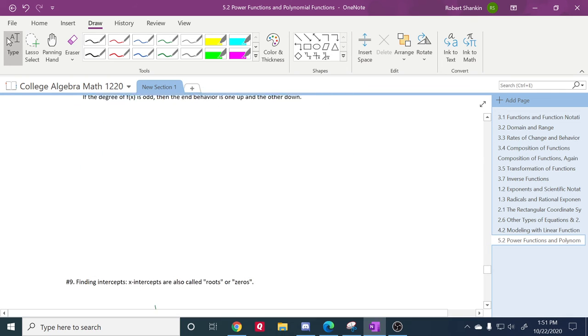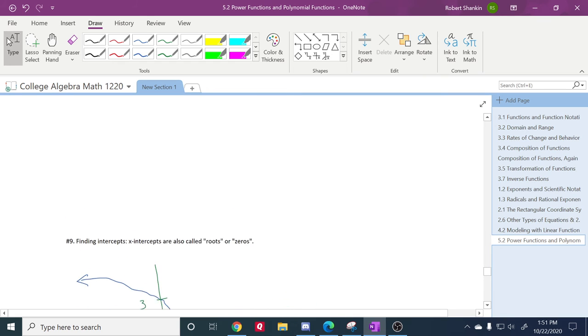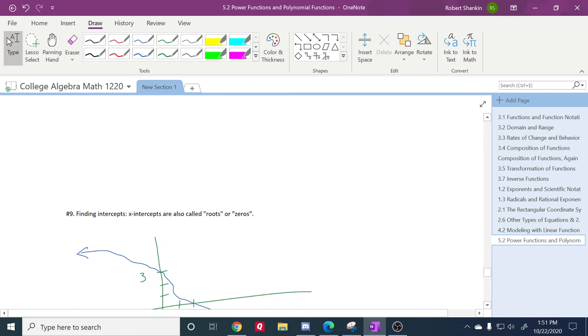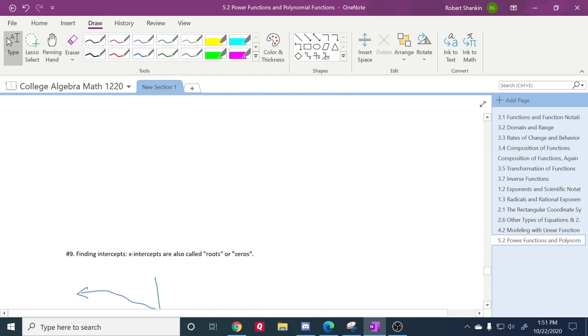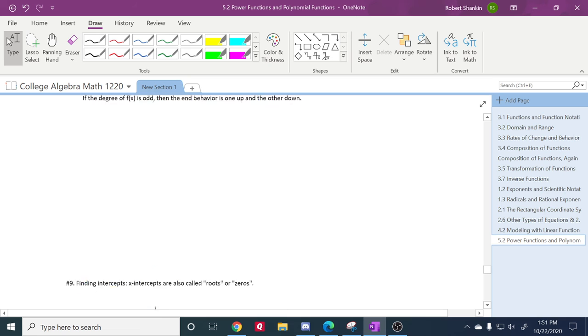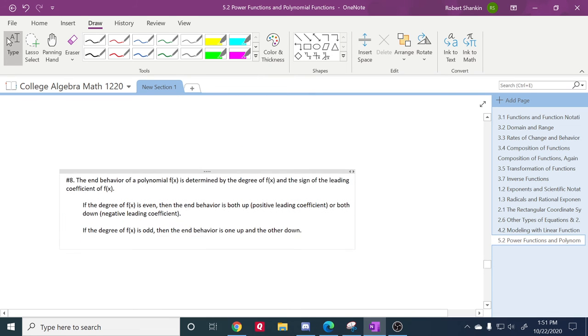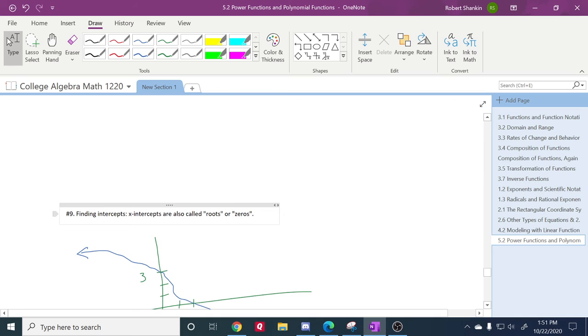All right, we're about to go to finding intercepts, x-intercepts, roots and zeros. But before we do this, I want you to do this. Don't look at the end behavior notes. Scroll away from it. In your group chat, summarize in your own words how you determine the end behavior of a polynomial.